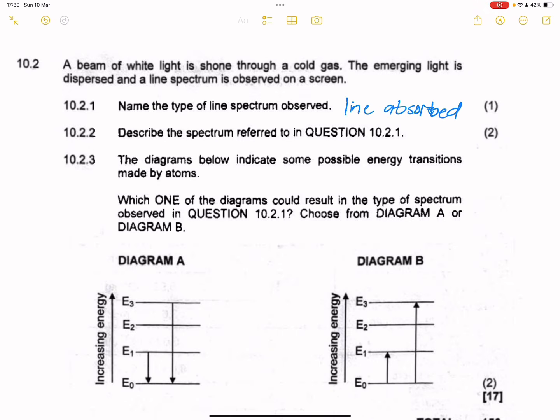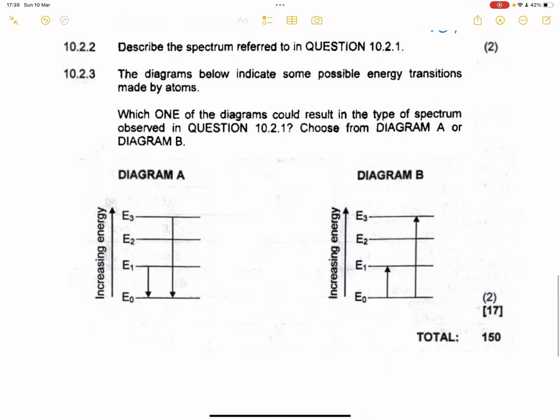Choose diagram A or diagram B. In diagram A you've got a transition from higher energy to the lowest energy, the steady state, and energy will be released, so it will emit energy.